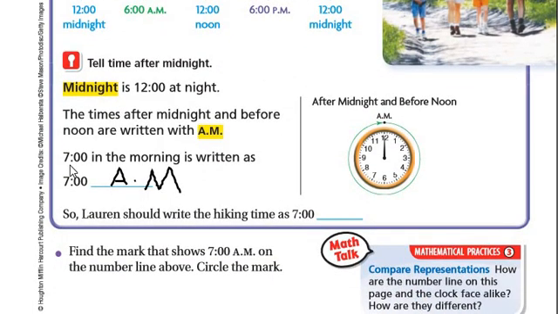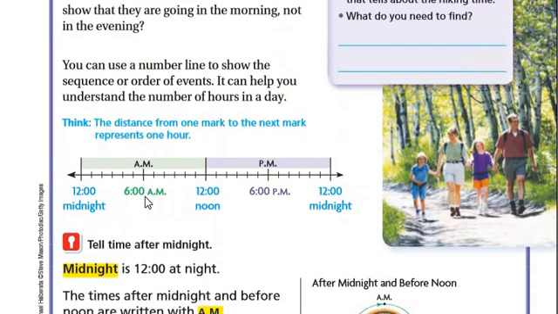If we have something like 7 o'clock in the morning, it is written as AM, because 7 o'clock in the morning is before noon, so it would be AM.